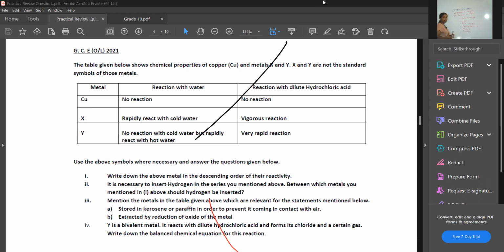Like that, there are some evidences that can prove a chemical change is going on. So according to these observations, we can confirm a chemical change is going on. So you have to remember these observations, or the evidences that we can prove.